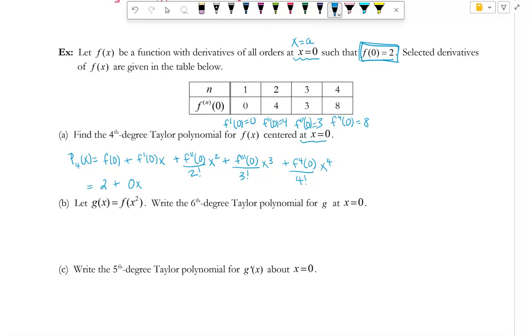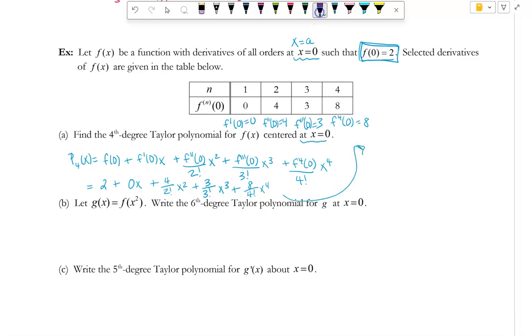My second derivative, we said, is 4, but I'm dividing that by 2 factorial and then multiplying that with x squared. My third derivative is 3, but I'm dividing that by 3 factorial, multiplying that with x cubed, and then my fourth derivative is 8. But I am dividing that by 4 factorial and multiplying that by x to the 4th power.